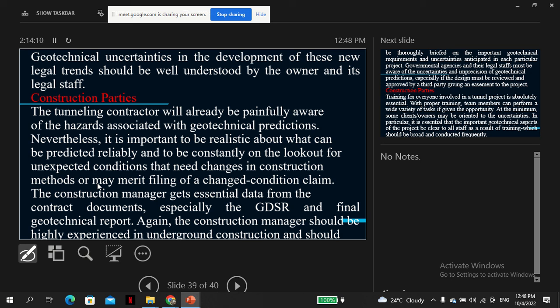The contractor has a legal right to vary, to claim, to submit additional claims without prejudice to the owner.